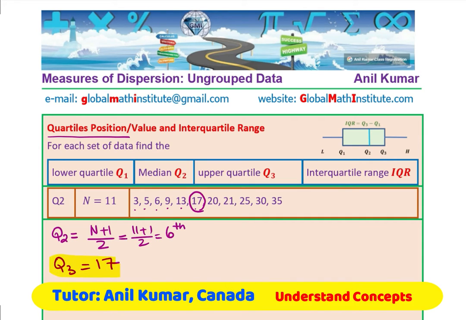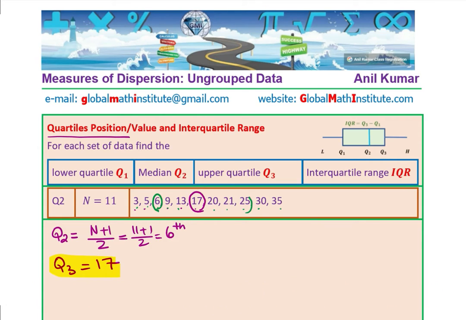Now Q1 is to the left, right? You can see there are 1, 2, 3, 4, 5. So the center value is 6 on the left side. And here we have 1, 2, 3, 4, 5, and the center value is 25. So you can easily identify them, right? Using the formula also you can calculate.